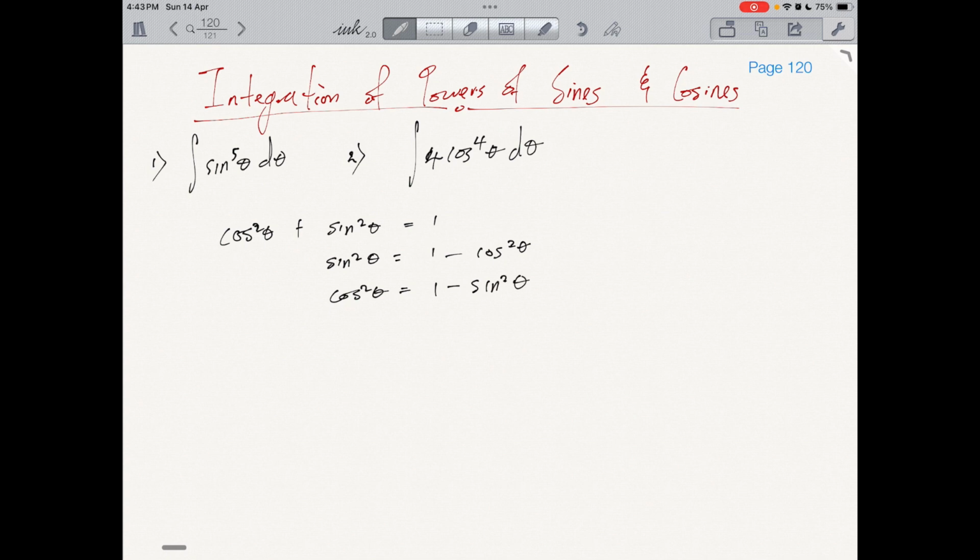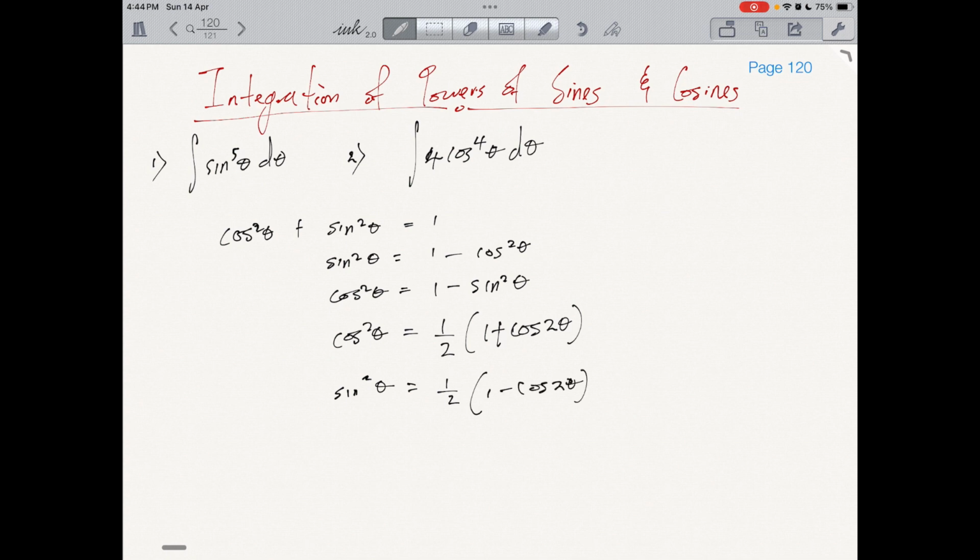Now, in the same vein, we can have another expression for cos 2 theta. Likewise, we can have another expression for cos squared theta. So we can also say that cos squared theta is equal to 1 over 2 into 1 plus cos 2 theta, and sine squared theta is equal to 1 over 2 into 1 minus cos 2 theta.